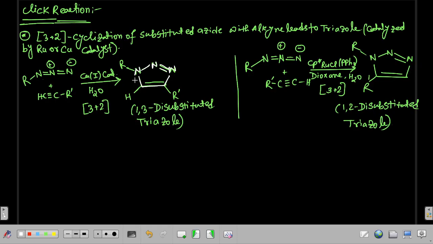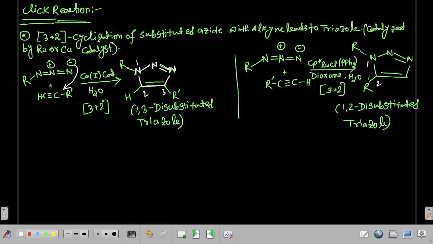There will be two catalysts, that is, ruthenium catalyst and copper catalyst. In the presence of copper catalyst, it will give 1,3 disubstituted triazole, that is here 1 2 3, and in the presence of ruthenium catalyst, it will undergo 3+2 cyclization to give 1,2 disubstituted triazole. So how will the 3+2 happen?